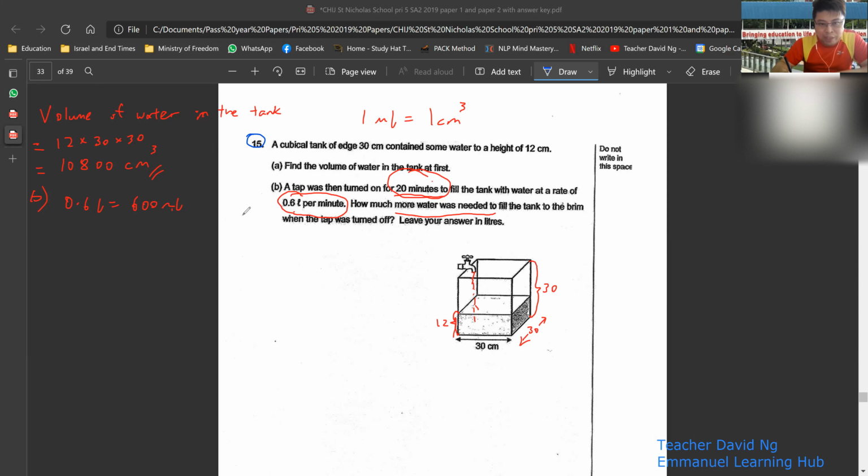Does that make sense? Yes. But of course you can say they want your answer in liters. So keep it in liters. So it depends on whether you want to convert this to liters or convert this to ml.